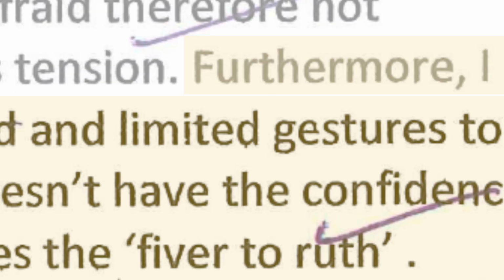The one thing I would say on this answer is she mentions that he would have very reserved and limited gestures, but she's not actually giving a specific example as to what that reserved or limited gesture could be. So bear in mind that if you're explaining movement or gestures, give a really specific example. The same applies for things like open body language and closed body language. It's all well and good saying those things, but it's very general unless you say he folded his arms or he put his hands up in the air to show that he was not a threat. You have to be specific to get the maximum marks.